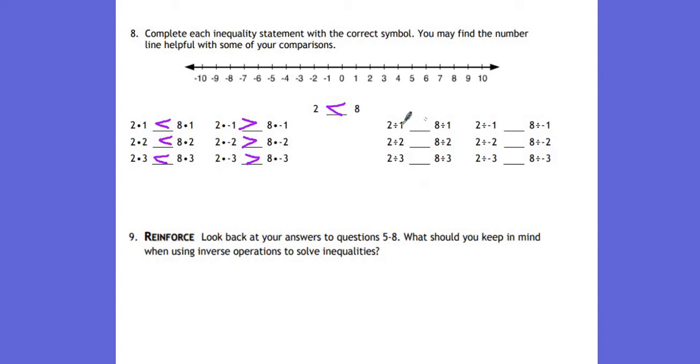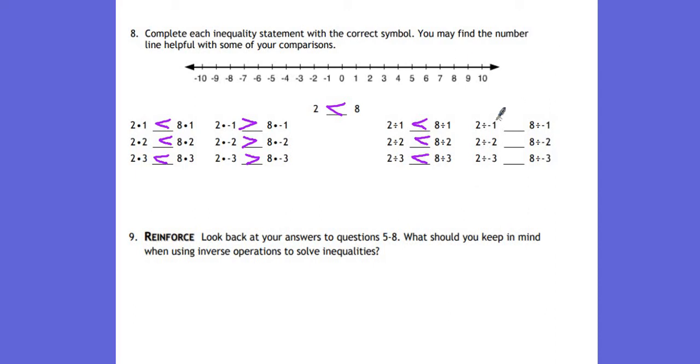Let's look at division. I have 2 divided by 1, 8 divided by 1. What goes here? Less than. 2 divided by 2, 8 divided by 2 is less than. 2 divided by 3, 8 divided by 3 is also less than.